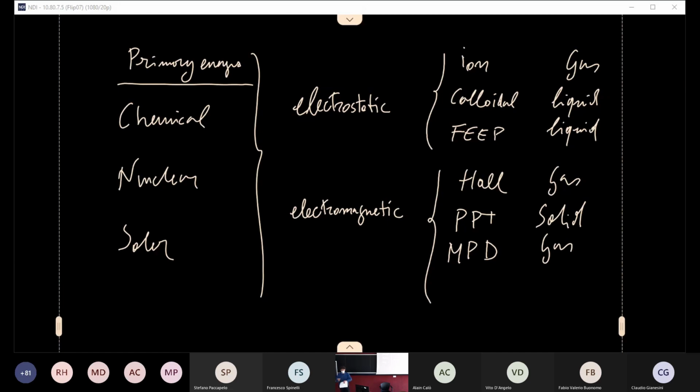For instance, if you have some solid part to which you apply your voltage that creates the electric field that accelerates the particles, the particles will exert a force on these solid parts as a reaction, and this will be your thrust.